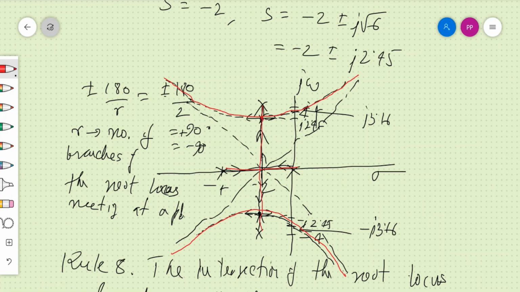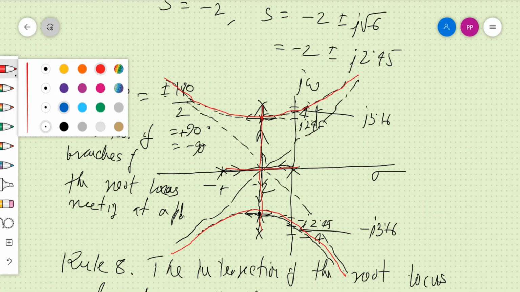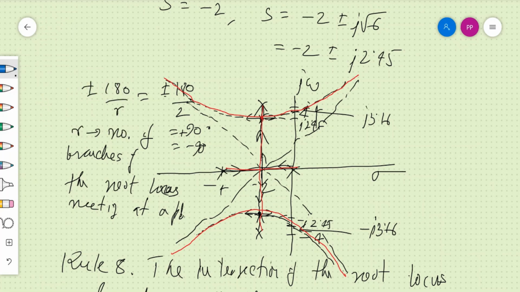I should give the arrows with a different color to make it clear, so that we can understand very clearly how the branches are departing. So from here it goes like this, then like this. That is how the root locus is plotted for this given open loop system.